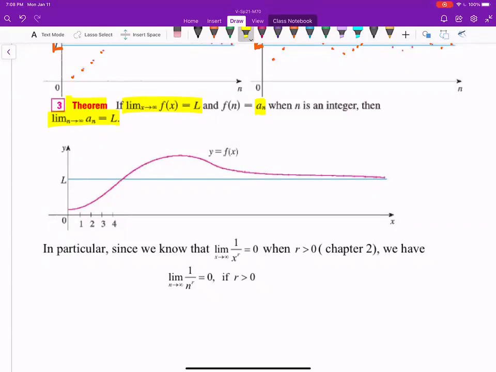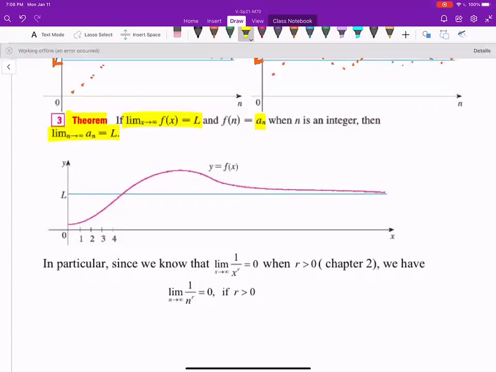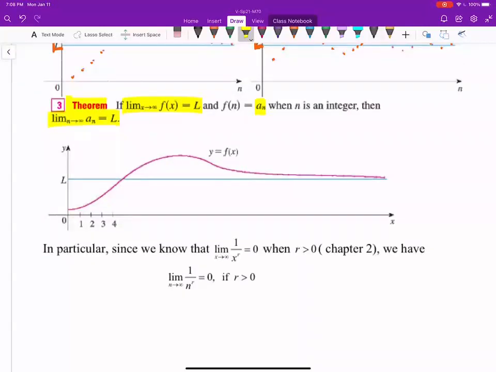So what we do is find the related function by substituting the variable x equal to n. If you get the nth term of the sequence, then the behavior of the function is the behavior of the sequence. So we sometimes find the limit of the sequence by analyzing the behavior of the related function.